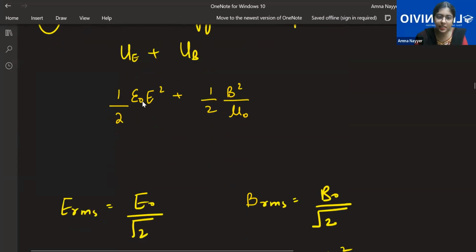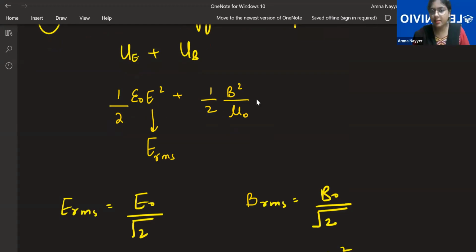Now see, these values E and B are actually the RMS values, because this is also a sine curve, the way we studied in alternating current. So similarly, you can relate it with E RMS.